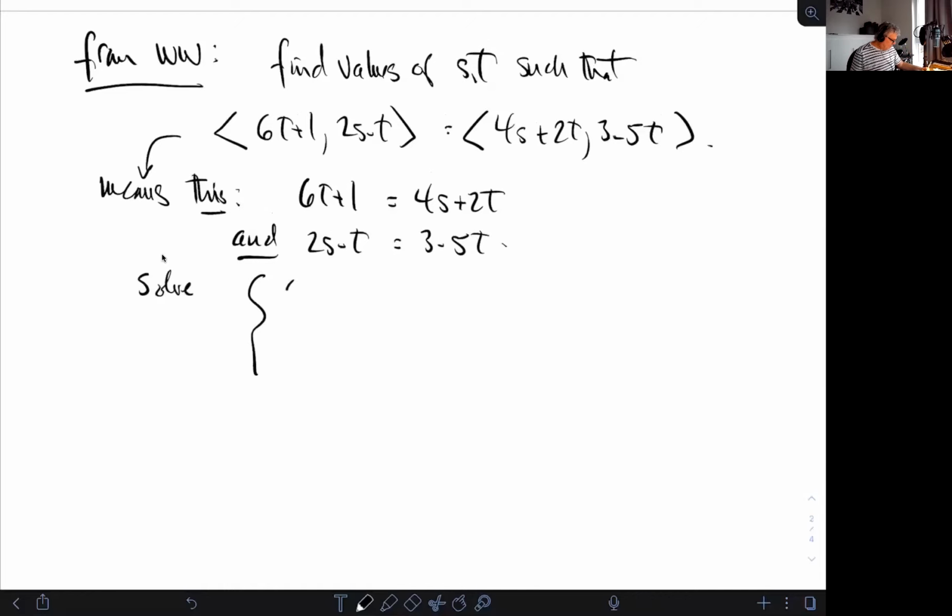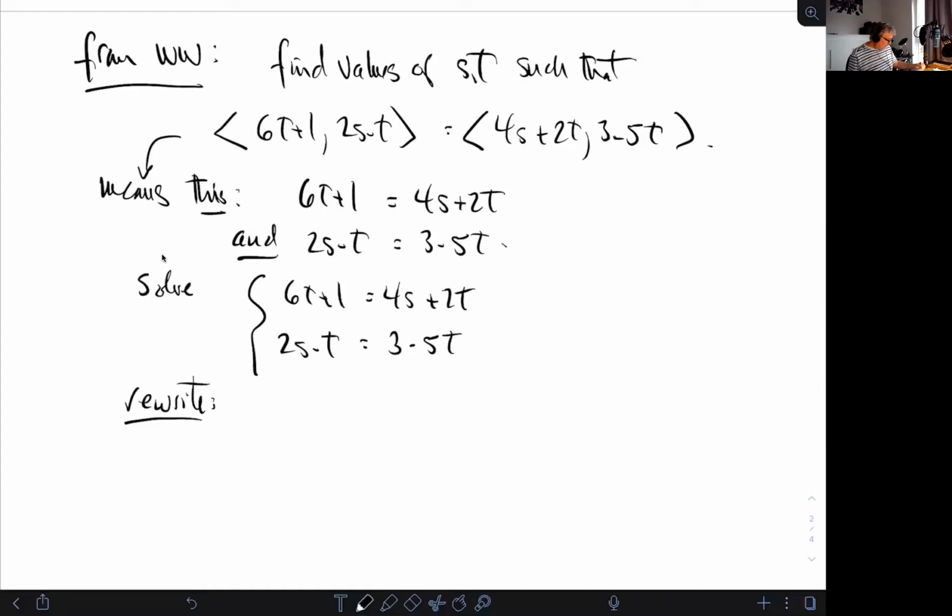I'll just rewrite it. 6t plus 1 equals 4s plus 2t. 2s minus t equals 3 minus 5t. So what I'm going to do is rewrite each equation in the standard form.